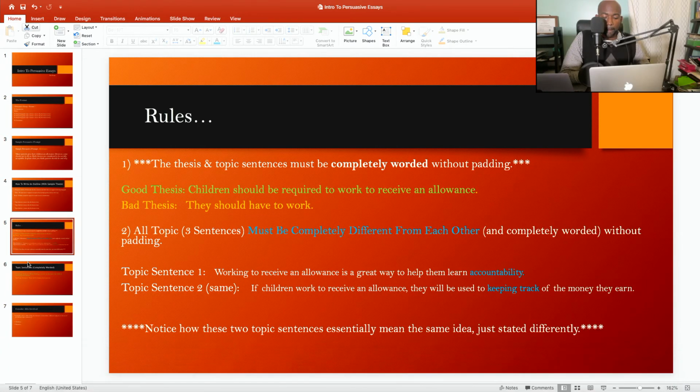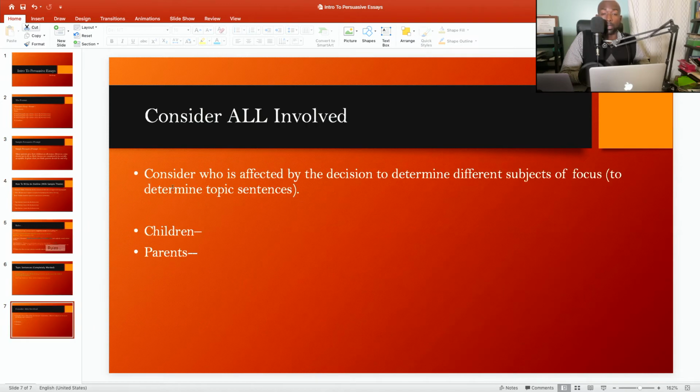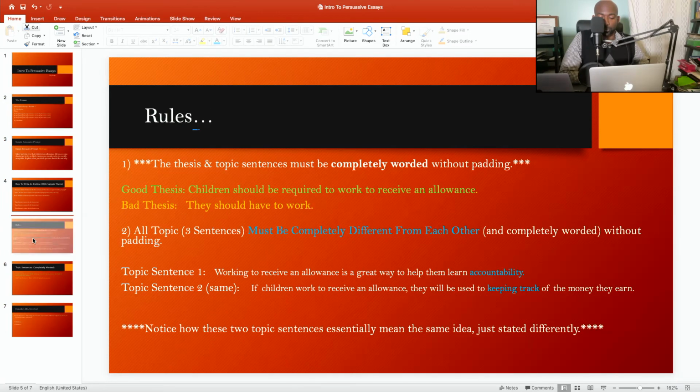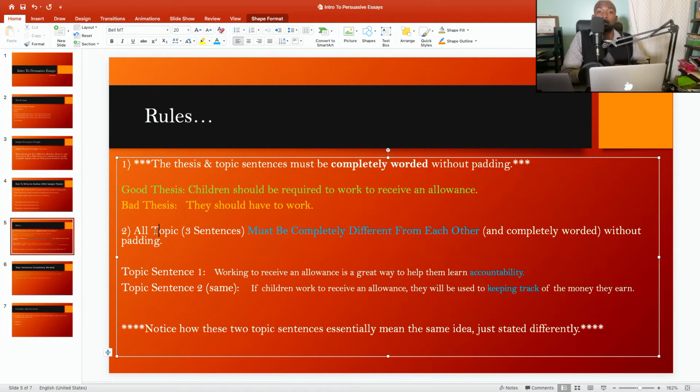To help with that, I have students consider this little 3-word principle. Consider all involved. And I'm going to talk more about that as we get to it. But it's just important that the topic sentences all be distinctly different from each other.